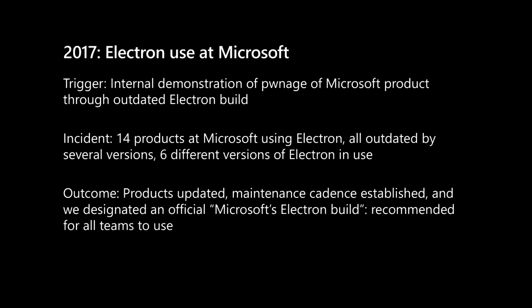We're actually going to maintain a Microsoft build of Electron, and we're going to invest in improving the security guarantees of Electron. And they met with the maintainers, and that's actually worked out really well for us. It's not mandated that every team has to use it, but it's highly recommended, and many of them have. I don't know if all of them have by this point.